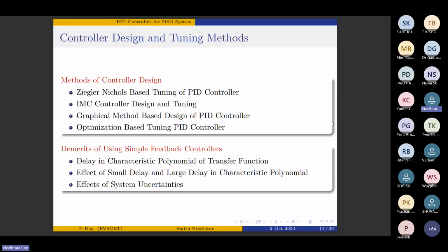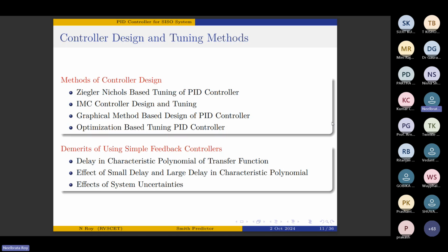Now, there are some demerits of these simple controller tuning methods. If the plant has a delay within it, the characteristic equation will also have a delay. In case the characteristic equation has a delay, phase is added to the system, and in adding phase, the system may become unstable.